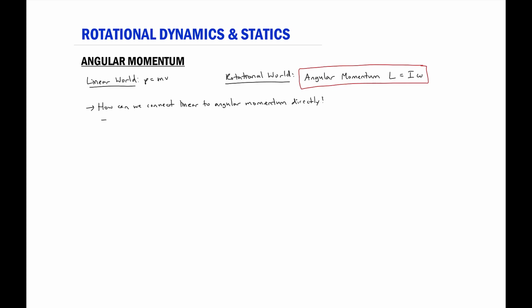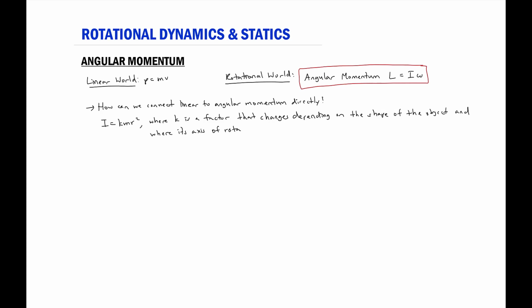So we know that I is equal to kmr squared, where k is a factor that changes depending on the shape of the object and where its axis of rotation is.